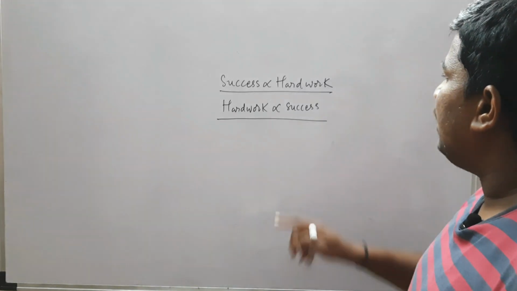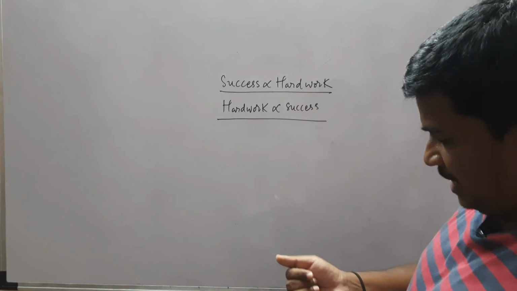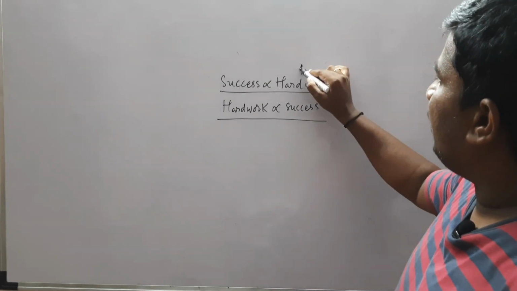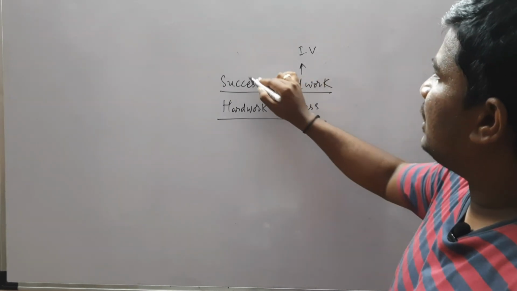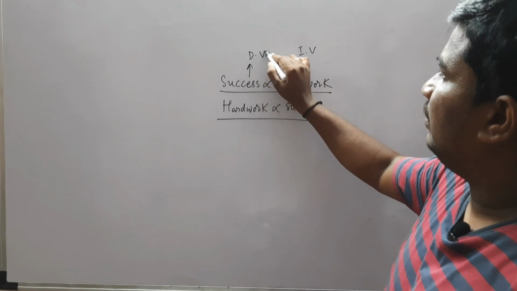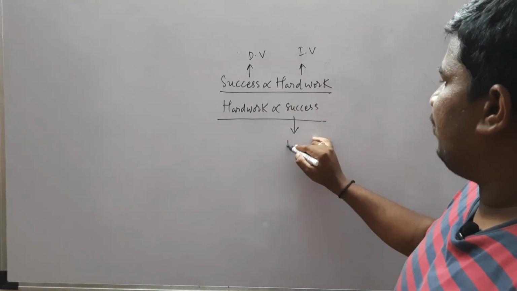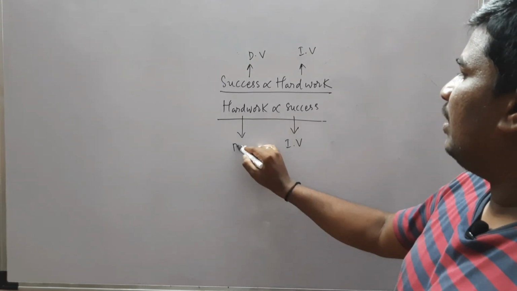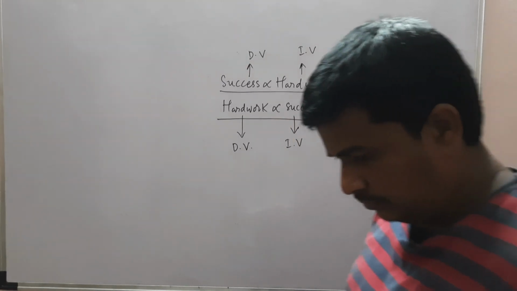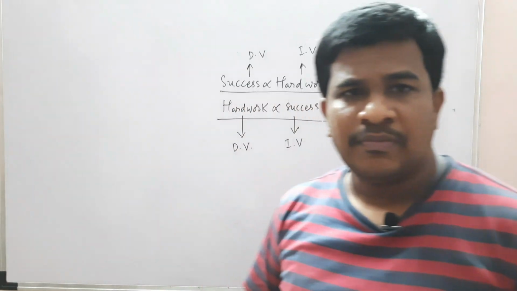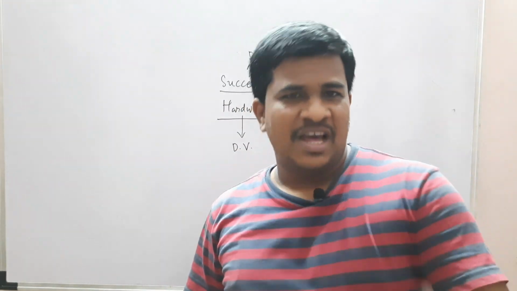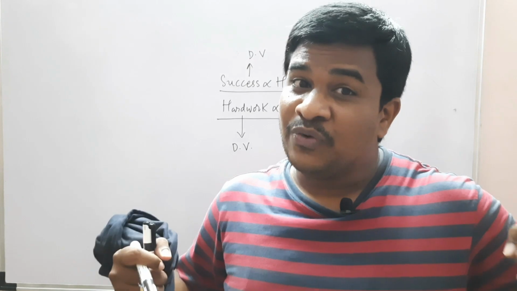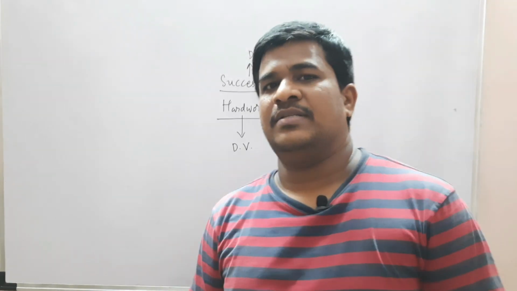So in the first equation, this will become the independent variable, this will become the dependent variable. In the second equation, this will become the independent variable, this will become the dependent variable. See, we always talk like this. I work very hard to get success.